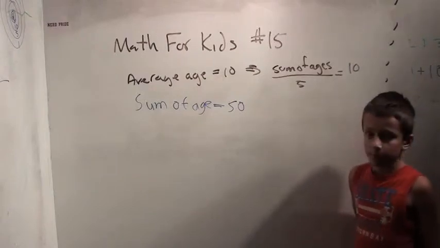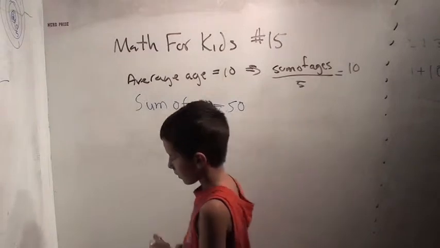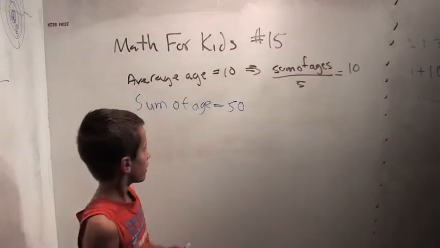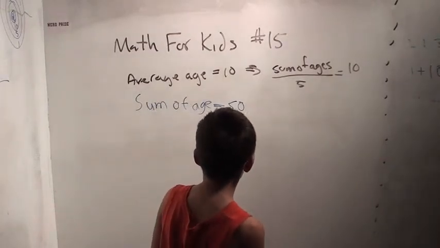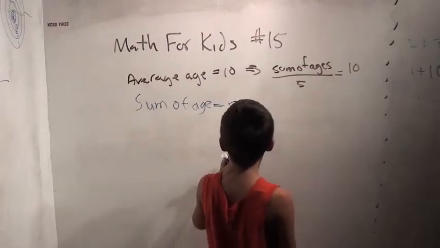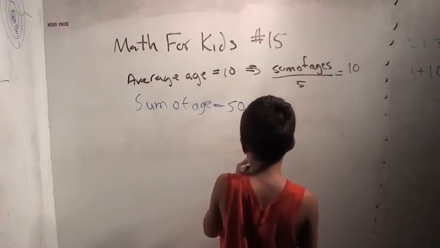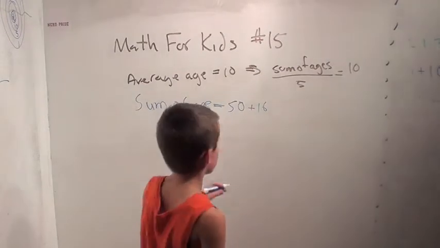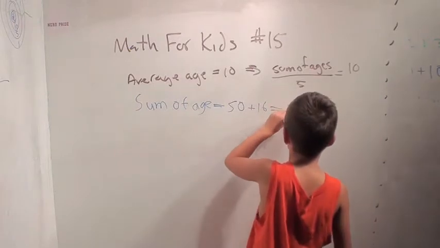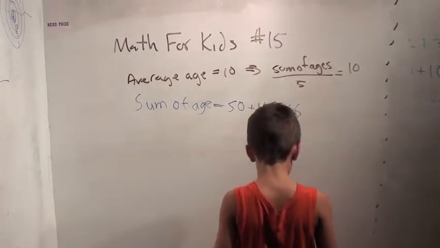Now what happens next? A 16-year-old shows up. So what's the sum of the ages now? 50 plus 16 is 66. How many kids are there now? There are 6 kids.